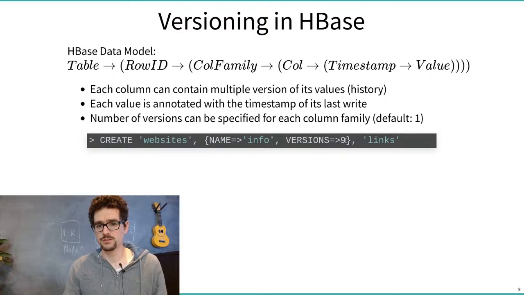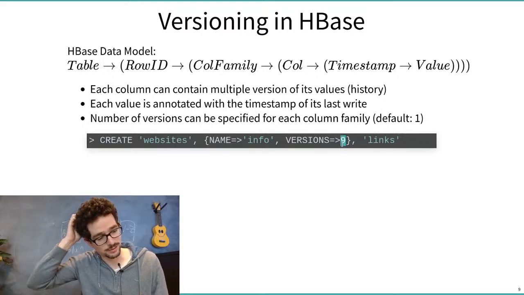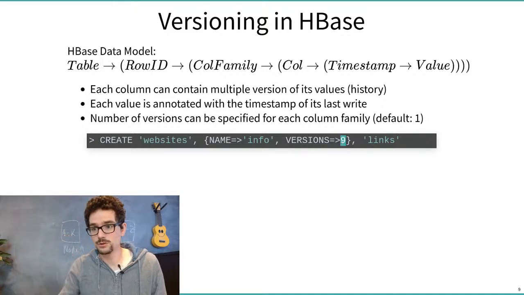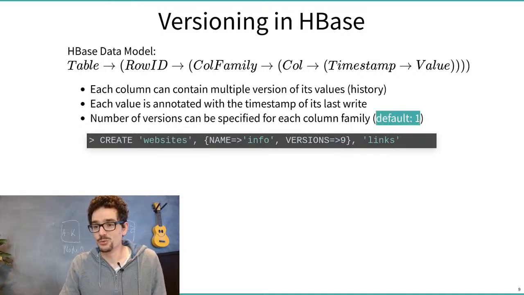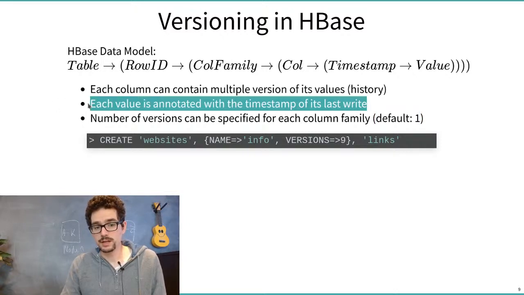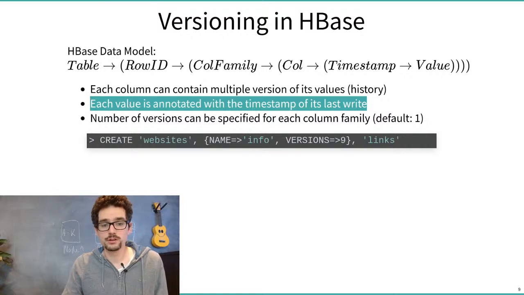I don't know if there's an infinity option. I think it's also possible to get an infinite history, but I'm not sure about that. The default number of versions is 1, so no history, because it takes space. But in any case, each value that you store in HBase is always annotated with the timestamp of its last write.